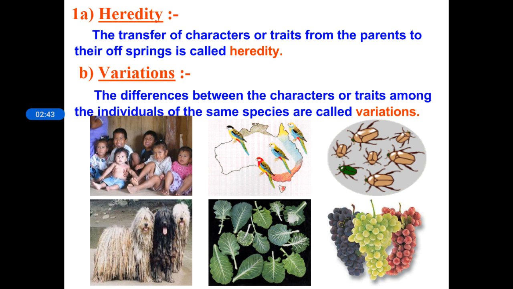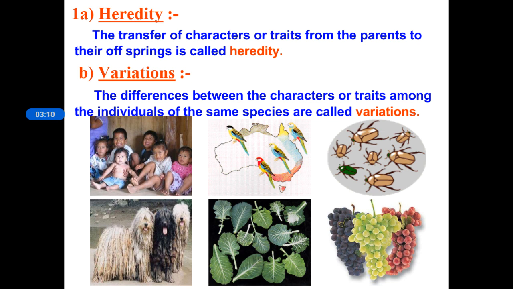The branch of science which deals with the study of heredity is known as genetics. So heredity again is the genetic transmission of traits or characters from parents to offsprings. Through genes it happens, right? That is why genetics is so important.